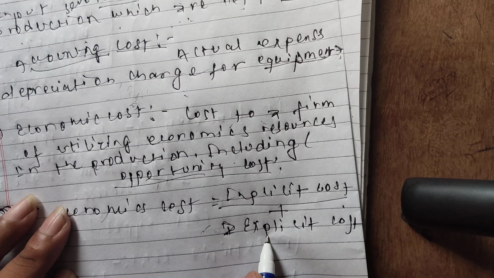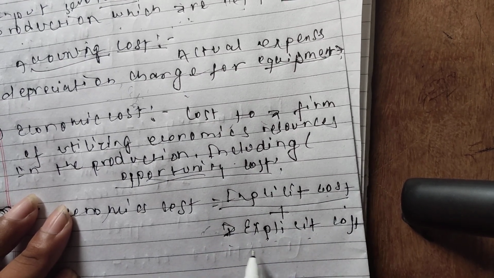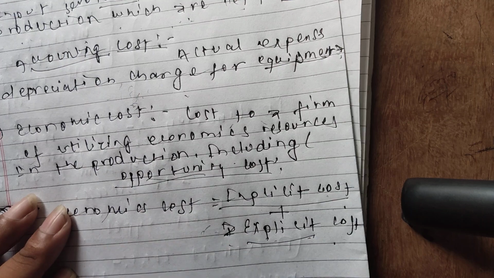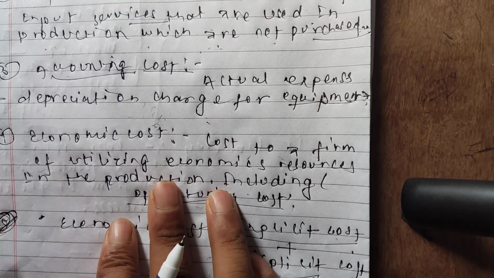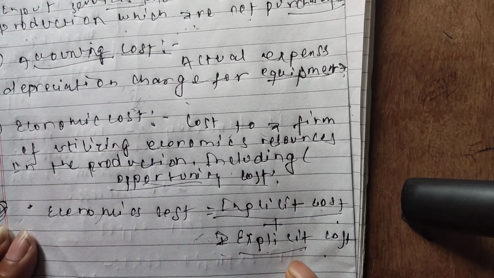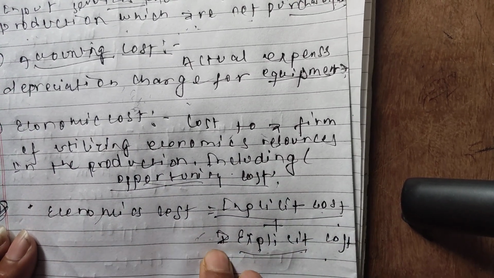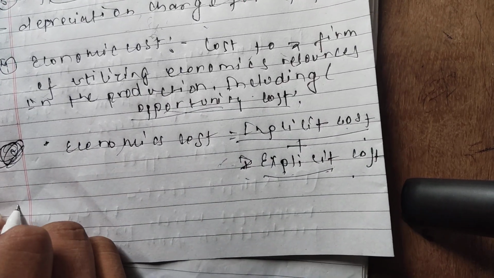Implicit and explicit cost we already understood previously. So implicit cost plus explicit cost is the economic cost. So next we will learn other types.